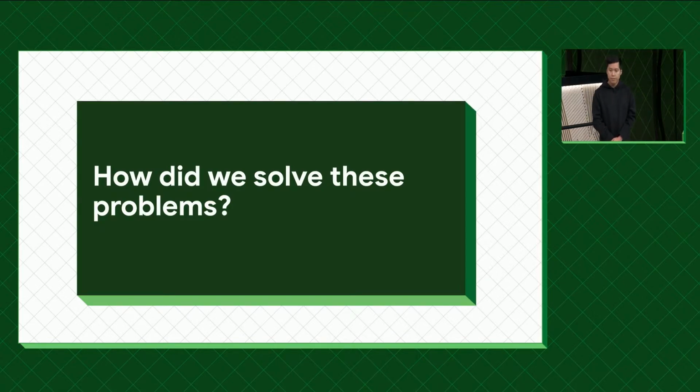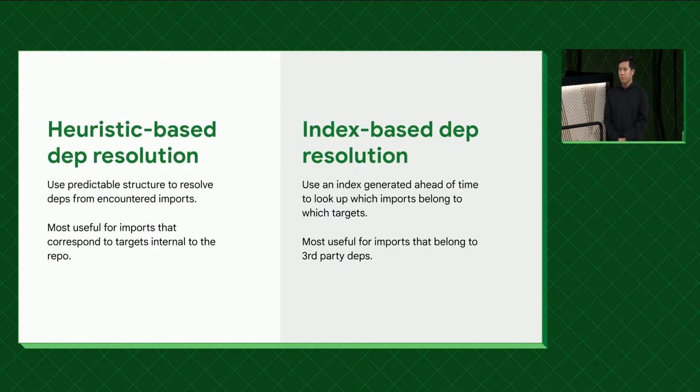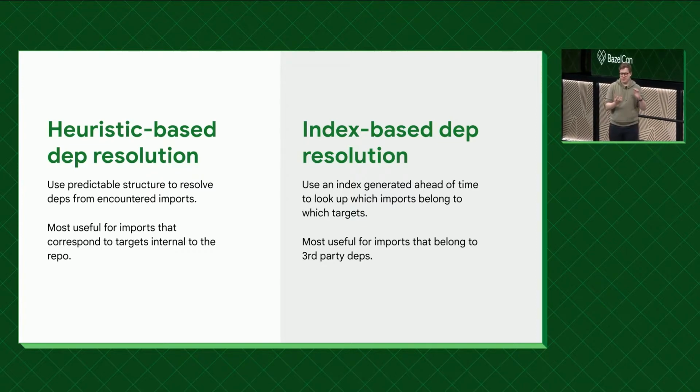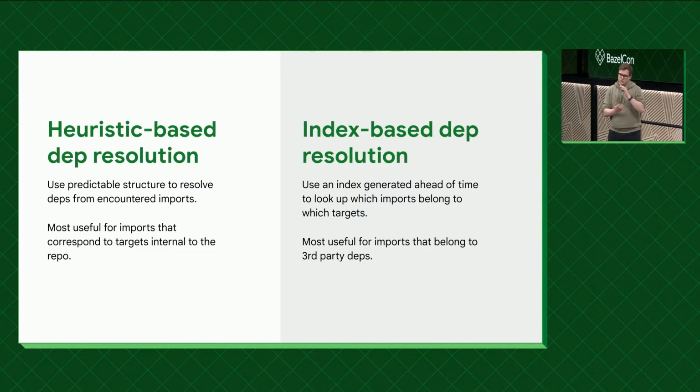So how did we solve these problems? How Gazelle works is that at runtime, it'll construct an index of import statements to dependencies that it can add to rules.